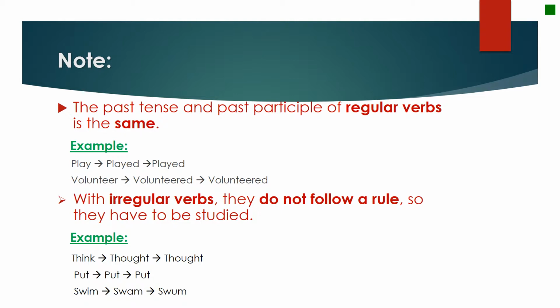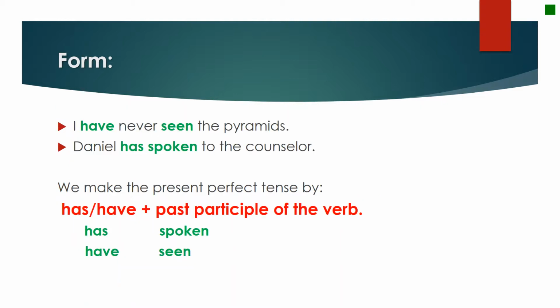But most of you probably know most of them. Like think, thought is the past tense and thought is the past participle. Put, put, put. It's all irregular and does not follow a certain pattern. Swim, swam, swam. Drink, drank, drunk. See, saw, seen.